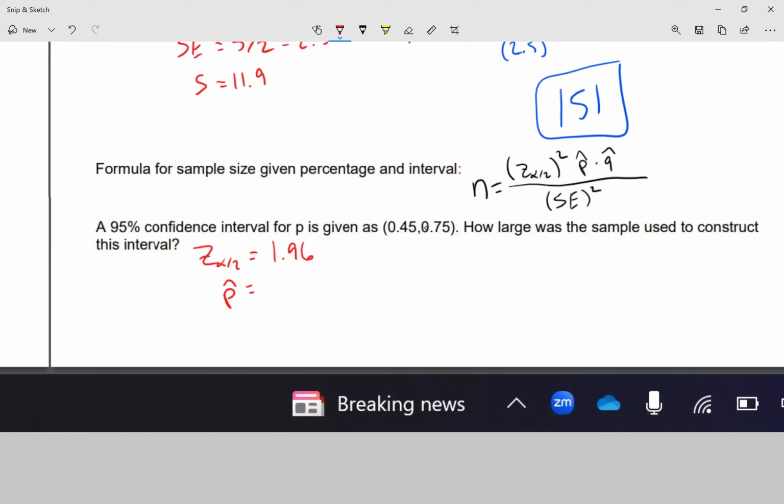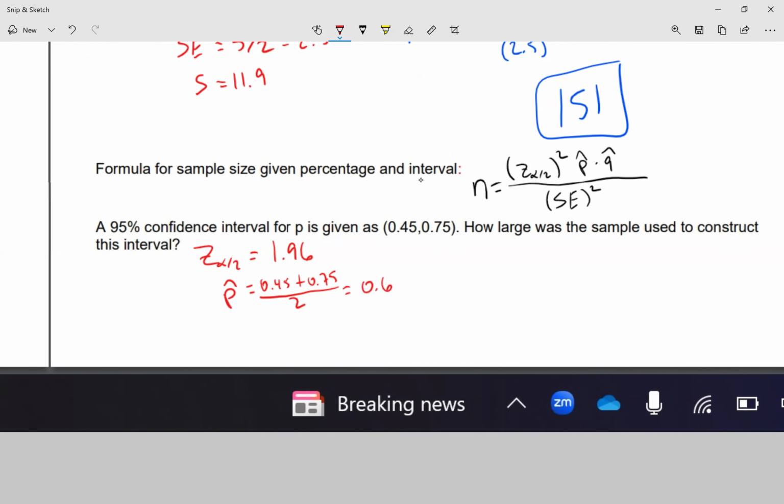Okay, so to find what's in between them, I'm going to do the average of these two numbers. So I'm going to go 0.45 plus 0.75, and I'm going to divide this by 2. So does that give me 0.6?